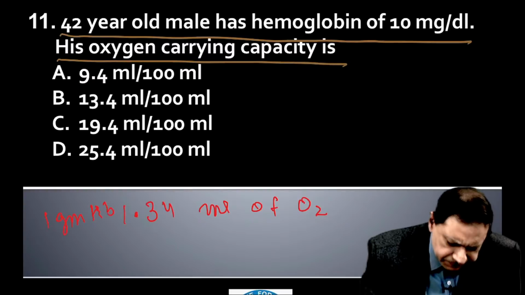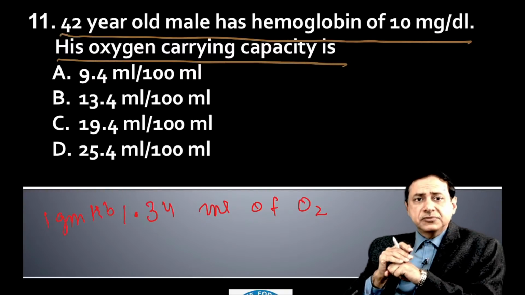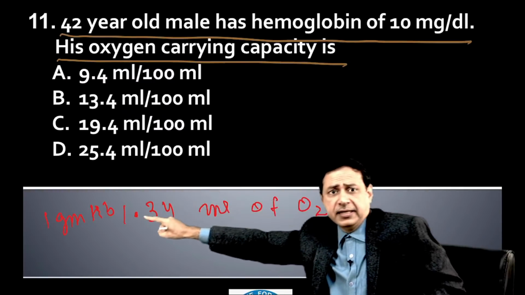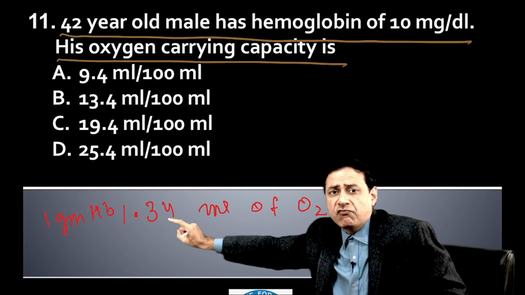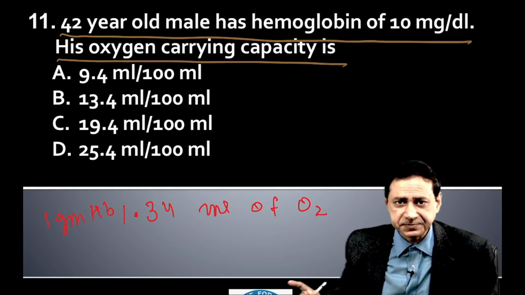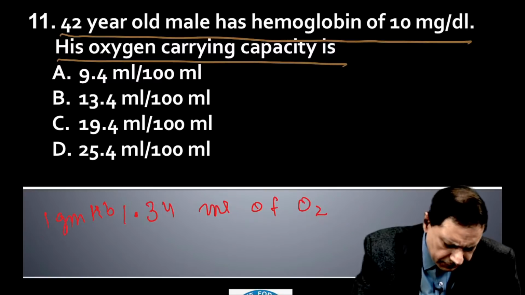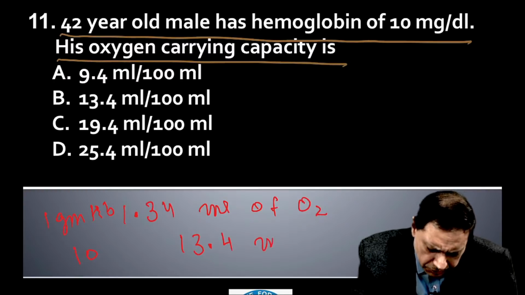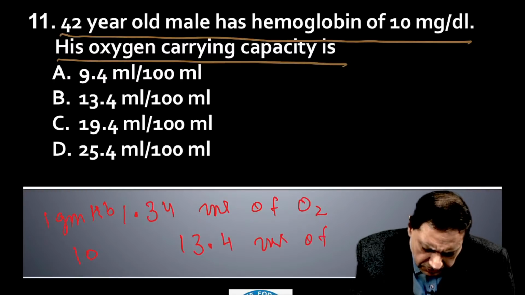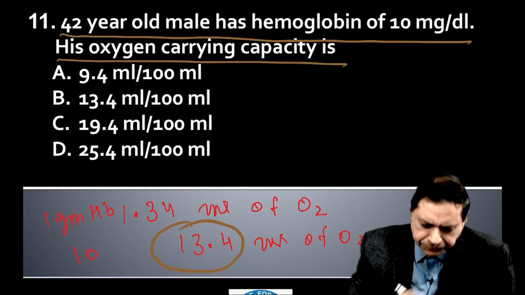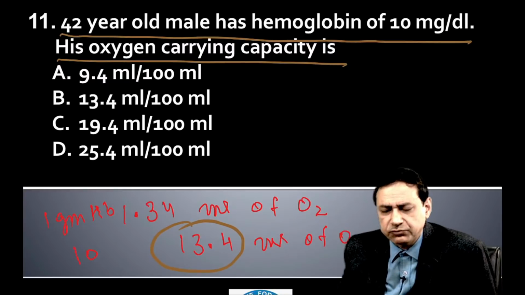This is the conversion. 1 gram of hemoglobin can combine with 1.34 milliliter of oxygen. Therefore, 10 gram can combine with 13.4 ml of oxygen. So you just have to mug it up.